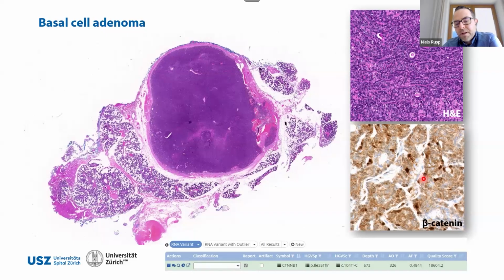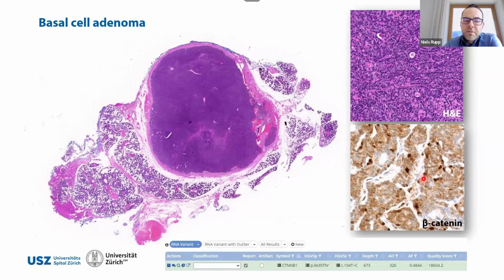The thing is that the nuclear beta-catenin reaction is non-specific for a CTNNB1 mutation. Certainly, if you have a CTNNB1 mutation, it usually leads to nuclear translocation of beta-catenin. However, in this pathway there might be other mutations in other genes which can also lead to beta-catenin nuclear reactivity. So if you only have the immunohistochemistry, then this points to a basal cell adenoma by chance.